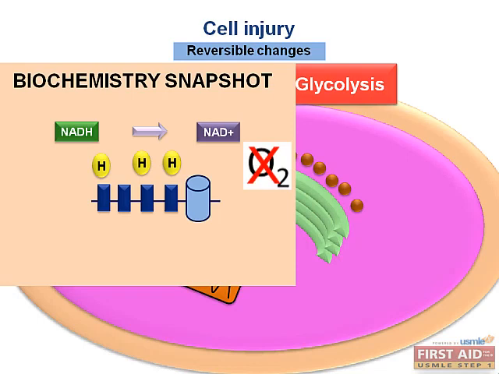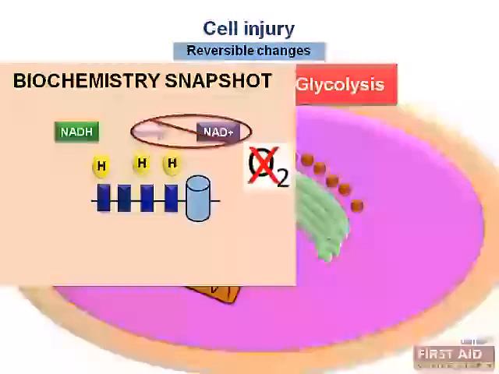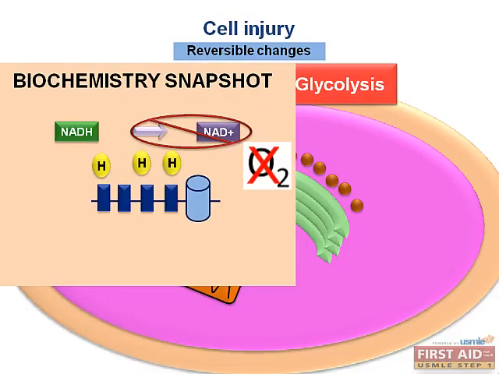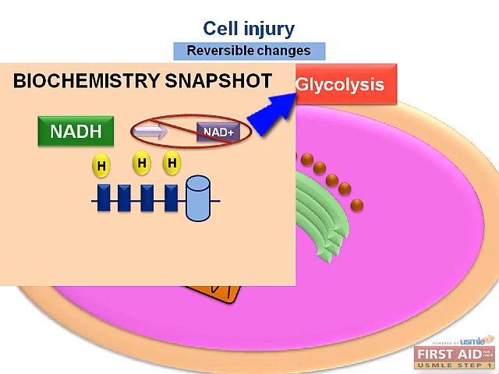That means that NADH won't be able to dump off any more electrons, and there will be a really large buildup in NADH and a decrease in NAD+. Now the problem with this is that NAD+ is actually required for glycolysis, some of those dehydrogenase reactions, and glycolysis we need to make our measly 2 ATP.